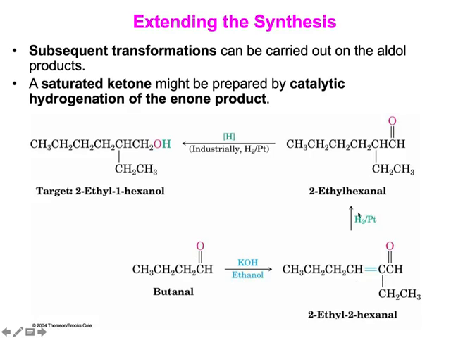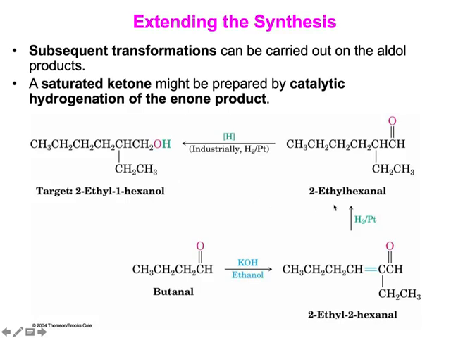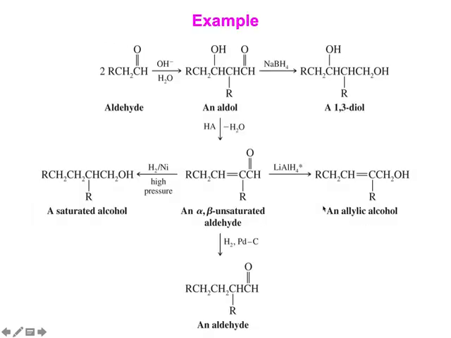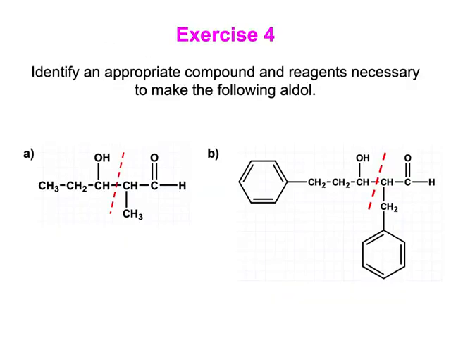After that, continue with hydrogenation using platinum, and you get the aldehyde. From this aldehyde, continue hydrogenation, and you get the alcohol. This one is an exercise for your understanding.